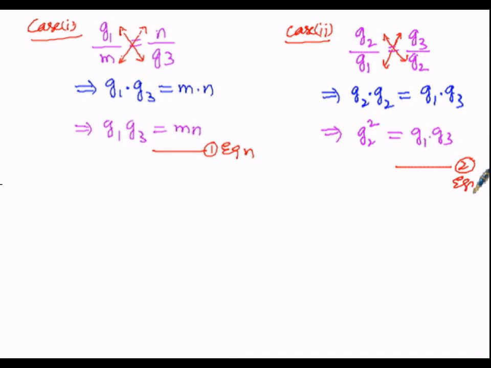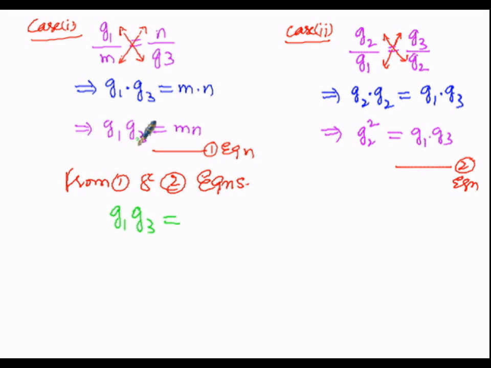Now let us observe the first and second equations. From equations 1 and 2, the first equation is G1 G3 equals Mn, and the second is G2 square equals G1 G3.